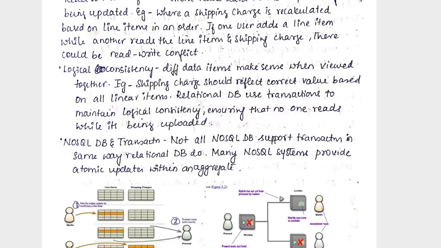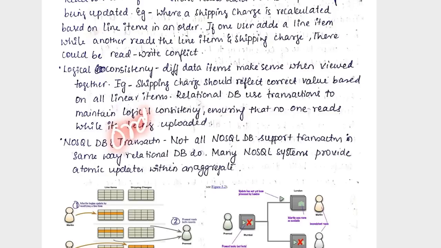So speaking about NoSQL databases and transactions, not all NoSQL databases support transactions in the same way that relational databases do. But many NoSQL databases provide atomic updates within an aggregate, that is, consistency can still be maintained within a single entity.